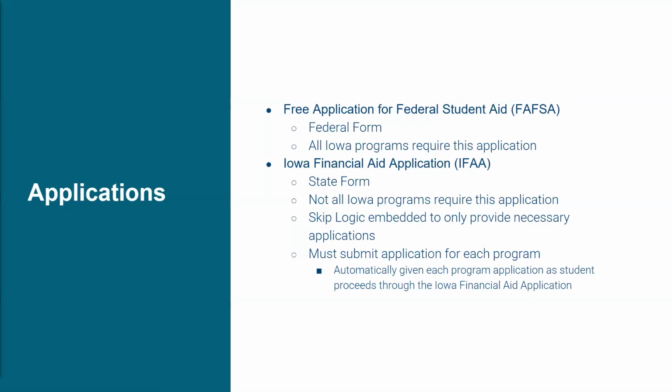This application has some skip logic embedded into it so that as you're answering questions, we're determining which of our programs you need to answer more questions on and may need to be presented the application for. As I said on the agenda slide, I will be doing a live demonstration of that application a little later, so all of that will make more sense at that time.